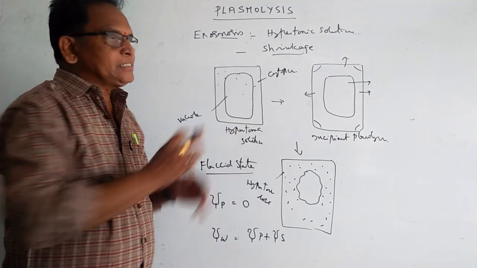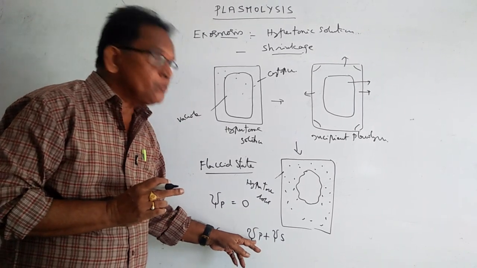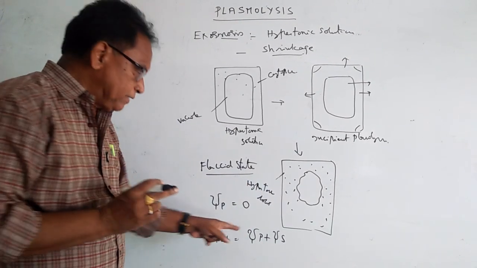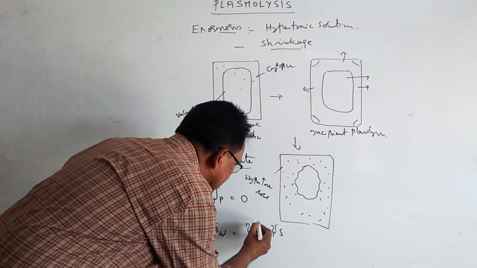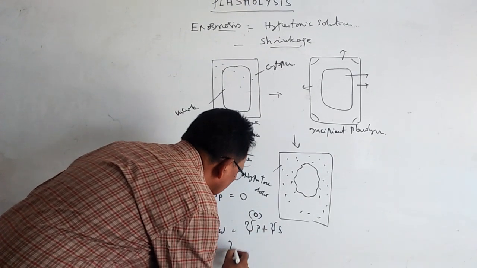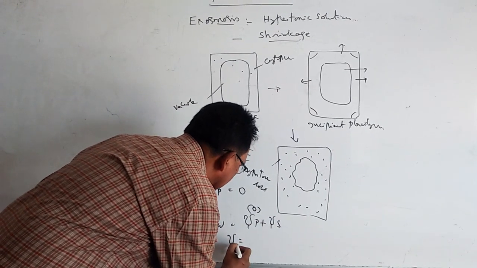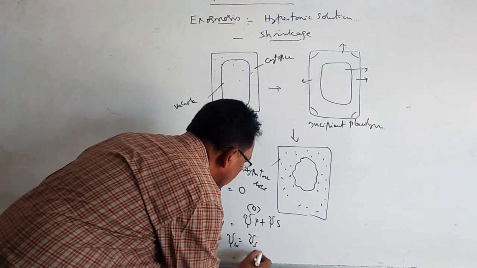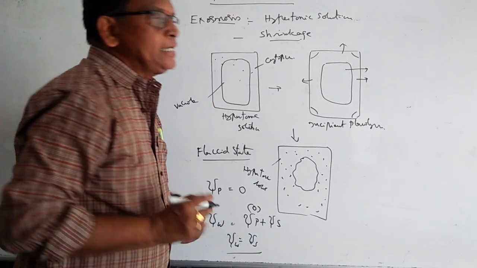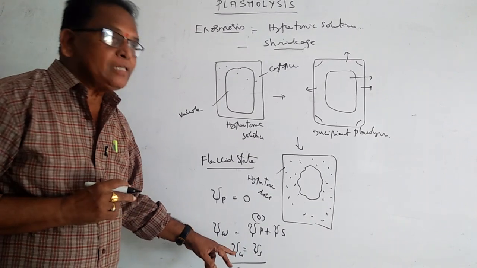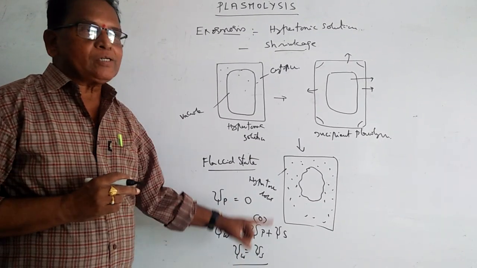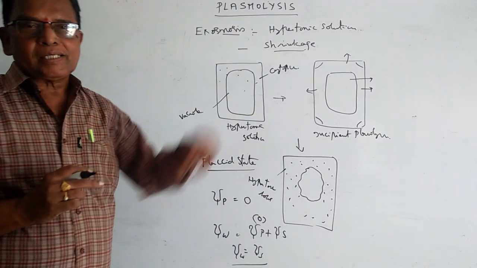In the plasmolysis state, the psi P value becomes 0, so psi W will become equal to psi S. The water potential value of the cell will become equal to its solute potential.